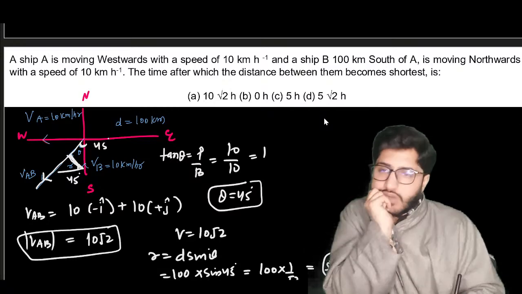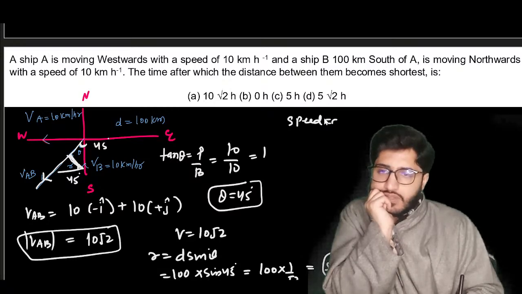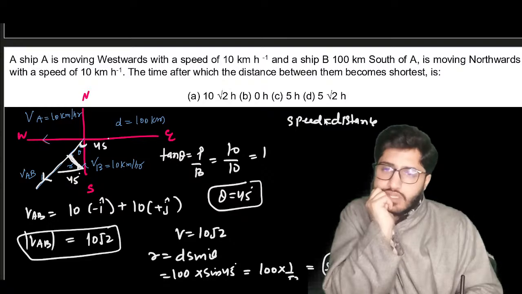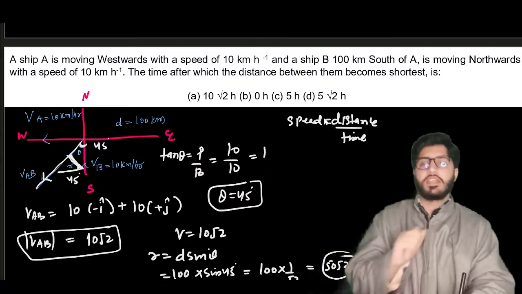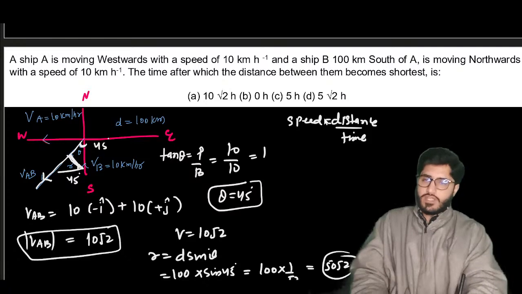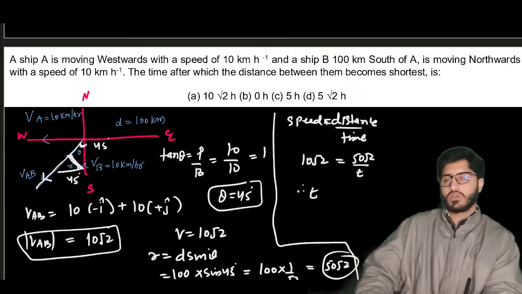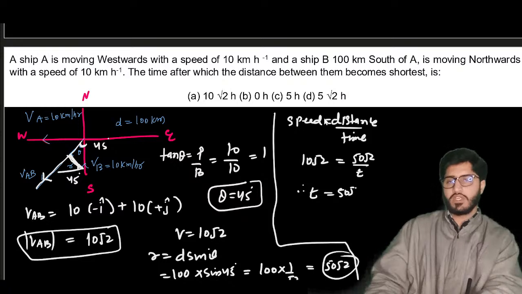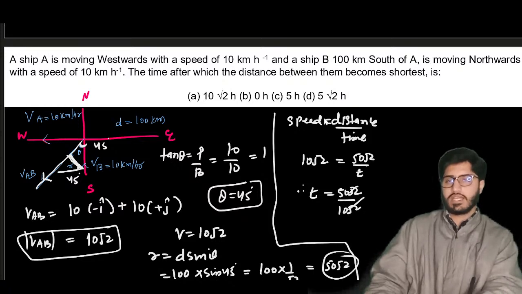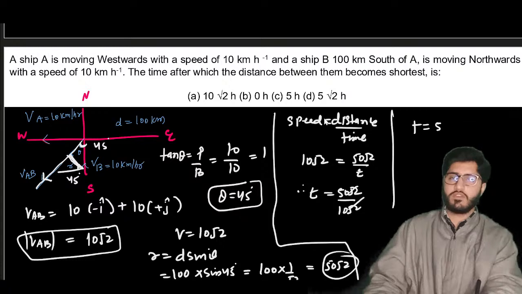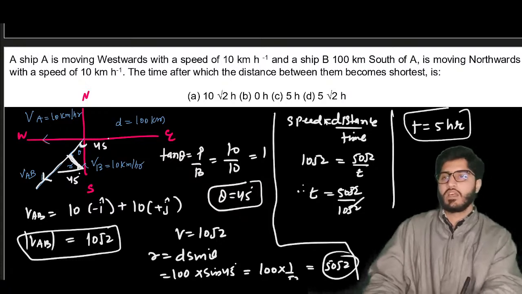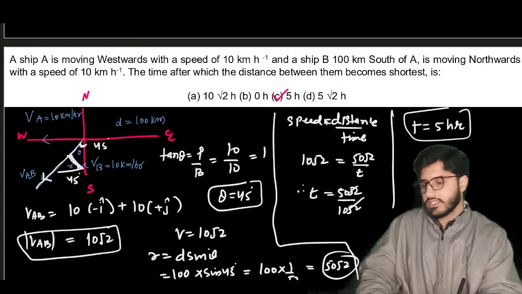Now we know that speed equals distance by time. Speed is 10 root 2, distance is 50 root 2, so time is 50 root 2 by 10 root 2. Cancel out, so my time came out to be 5 hours. Option number C, 5 hours, is the correct answer.